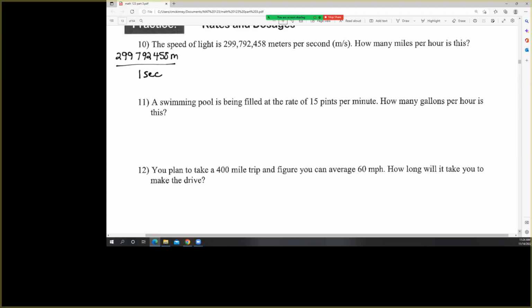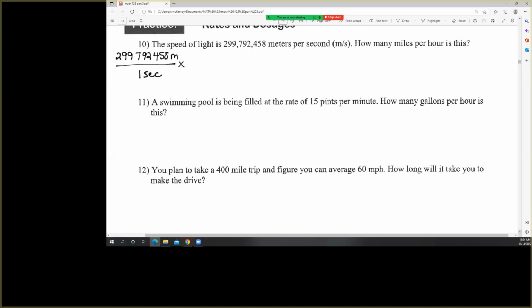All right, so how are we going to get from meters into miles? What's your strategy? Meters to yards? You want to go meters to yards, or kilometers?